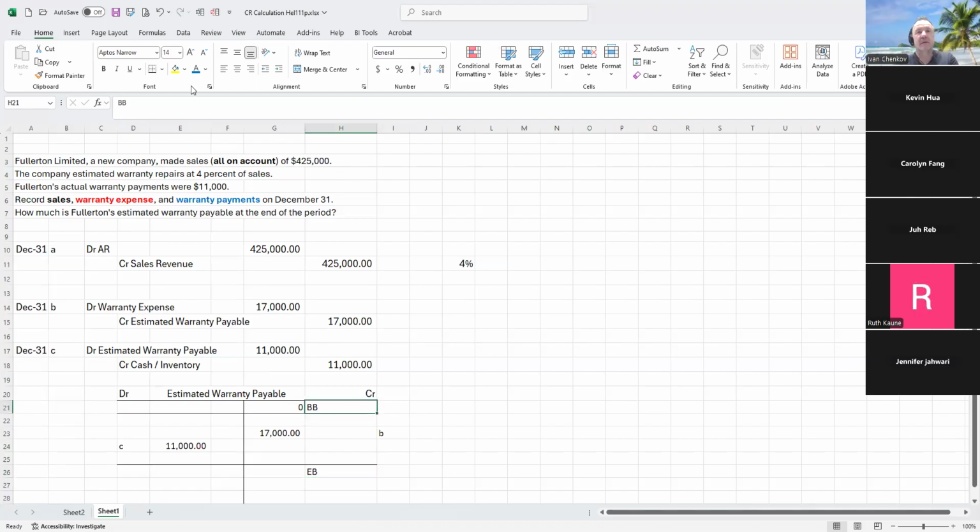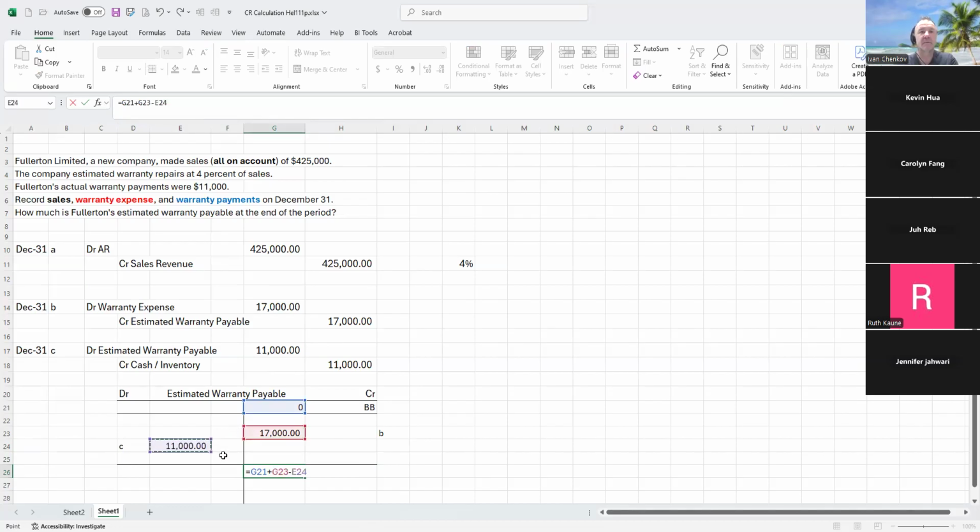Ending balance in this case will be $6,000. The beginning balance plus the credit minus the debit gives you $6,000. And we're done with this question.